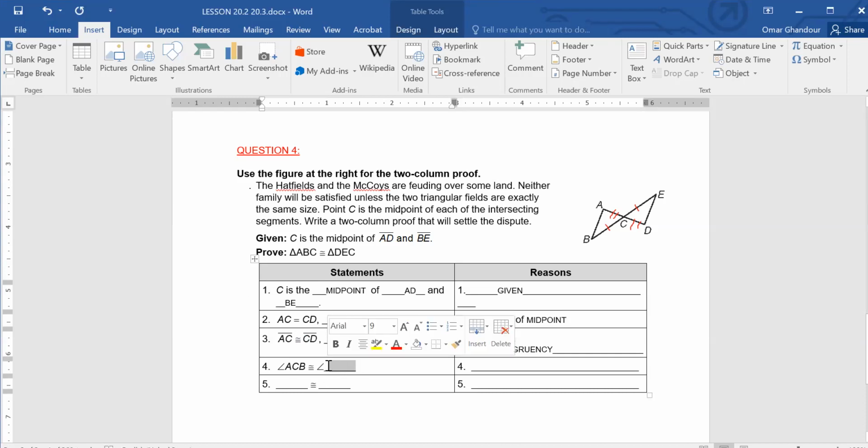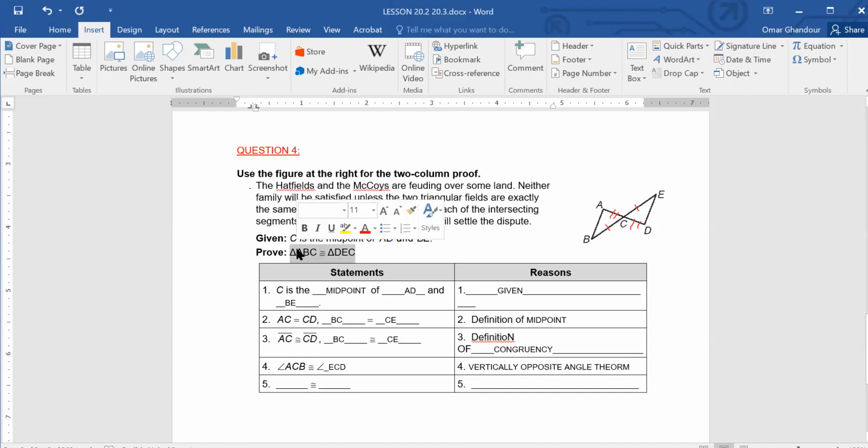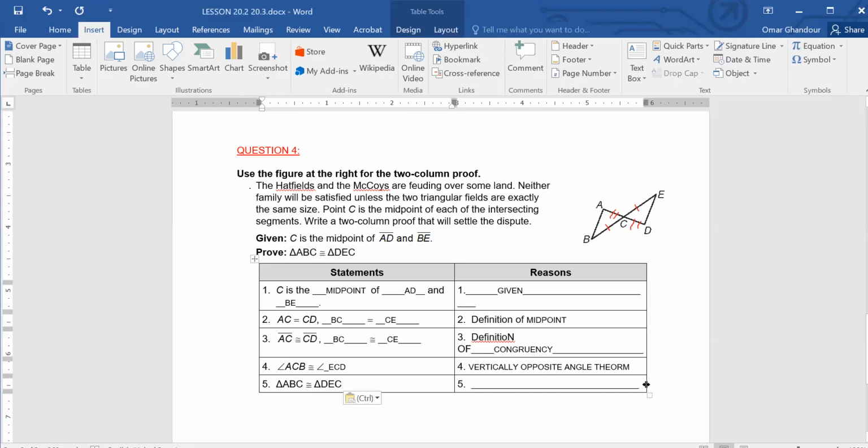Yes, ECD. Using what theorem? Using vertically opposite angle theorem. So what will be congruent to what? The two triangles will be congruent. Using what theorem? Using SAS congruency theorem.